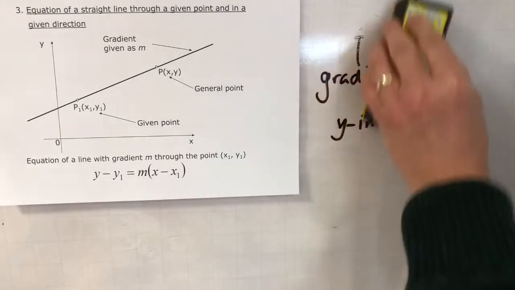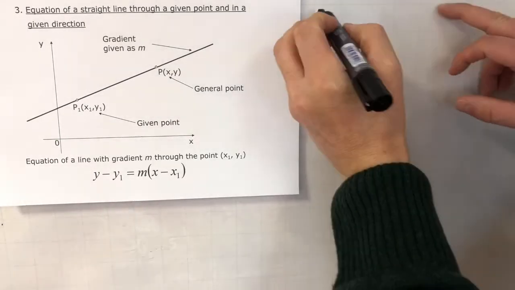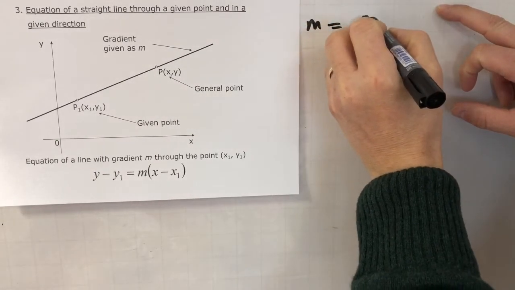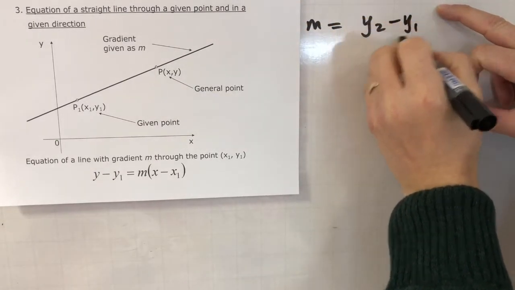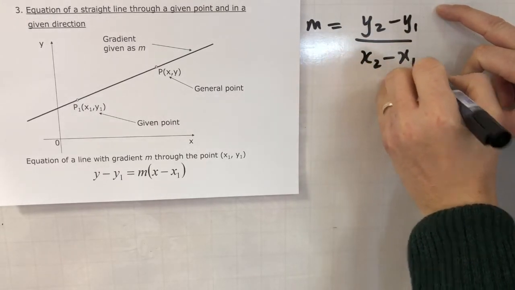Now this comes from your knowledge of how to establish the gradient. The gradient is equal to the difference in the y coordinates divided by the difference in the x coordinates.